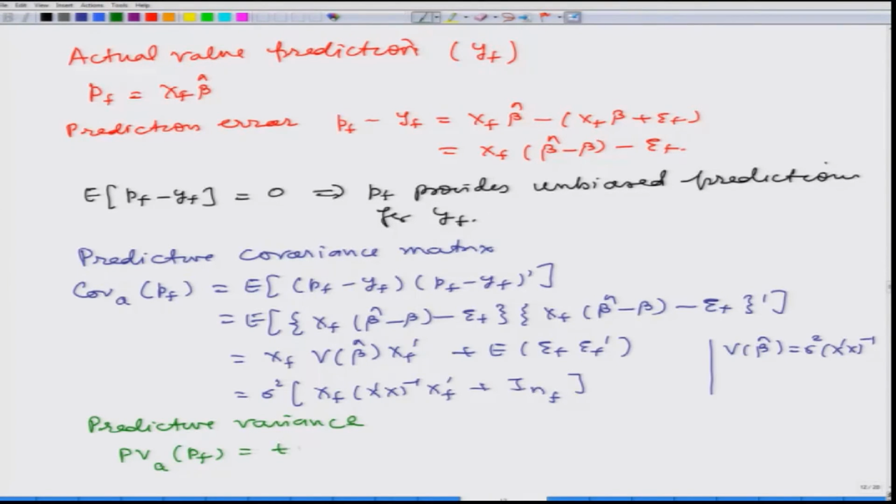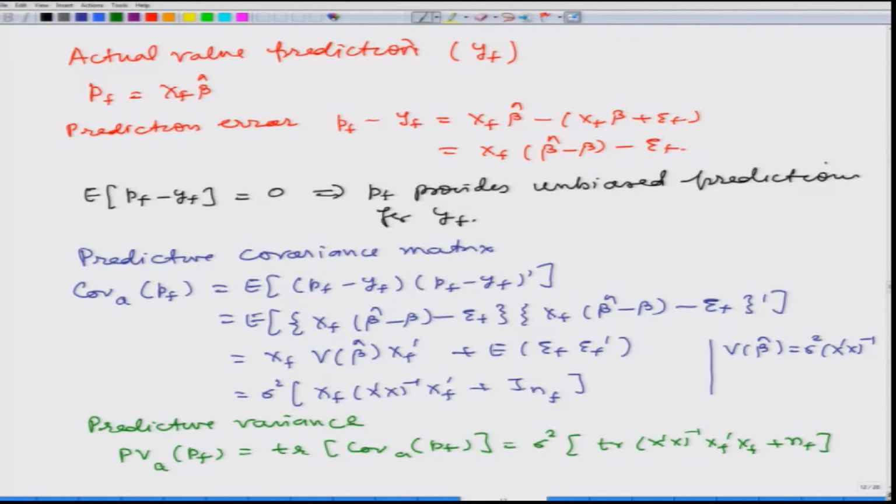This is simply the trace of the covariance matrix of PF, and this is simply sigma square times the trace of XF (X transpose X) whole inverse XF transpose, plus NF, because the trace of the identity matrix of order NF is NF.